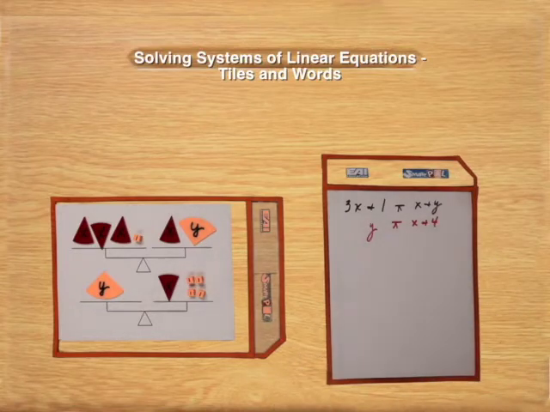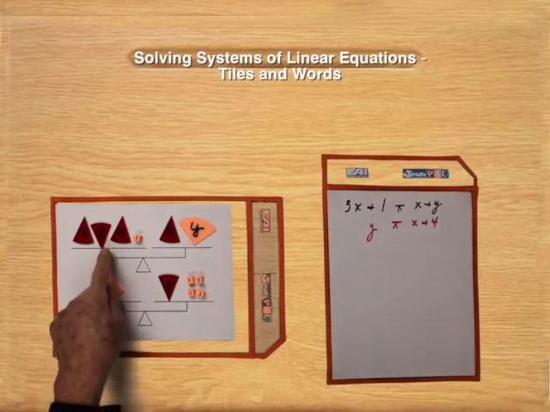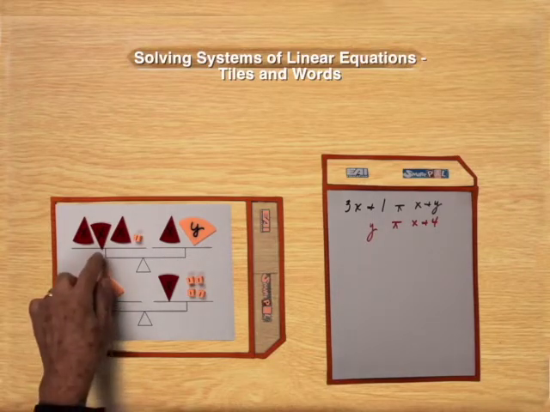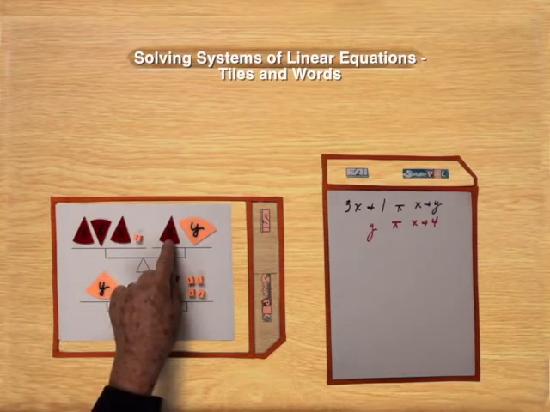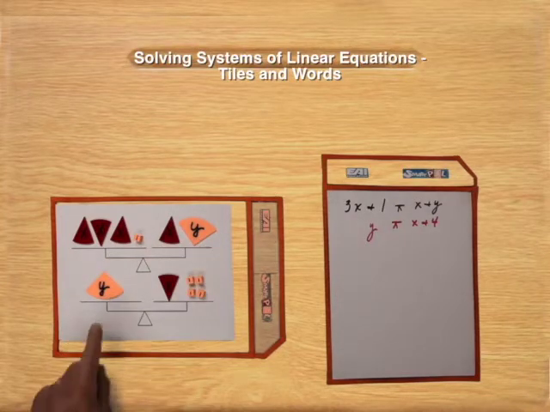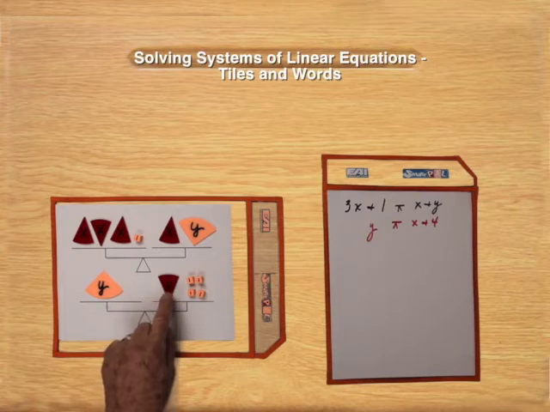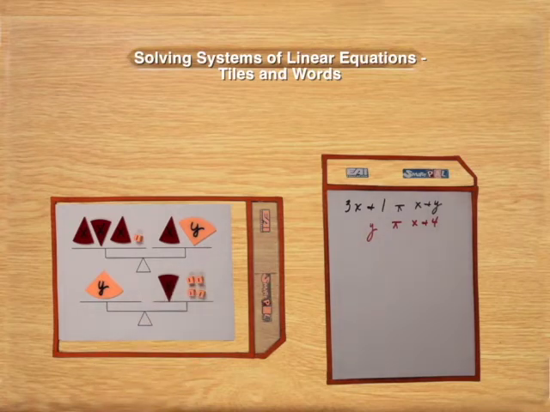And the question that we want to answer is, what value of x and what value of y will allow this to happen? In other words, the values put in for x and y will be so that 3 x's and 1 balance an x and a y, and y balances 1x and 4 1's.